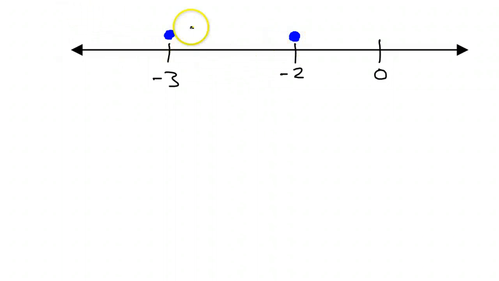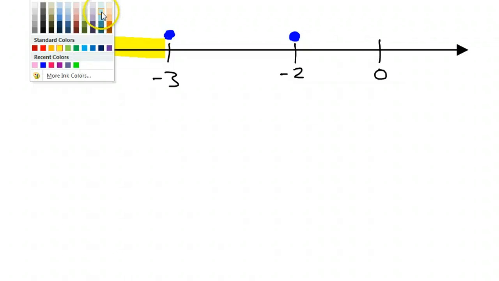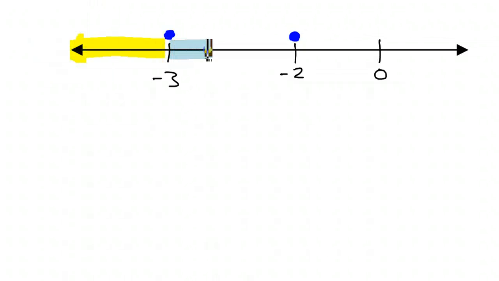Now focusing on those endpoints of our solutions, like I started to say before, we have divided the number line into 3 zones. There's the zone to the left of -3, the zone between -3 and -2, and the zone that is greater than -2.